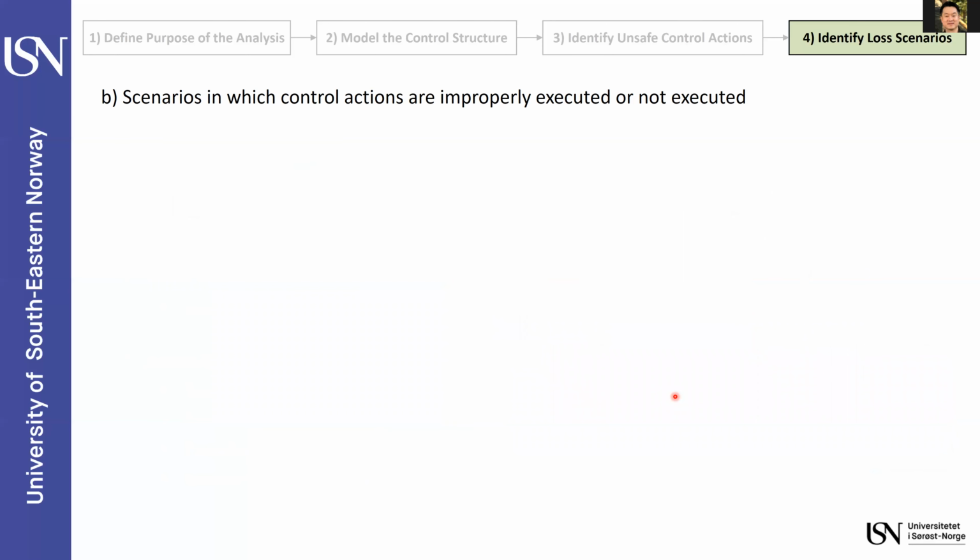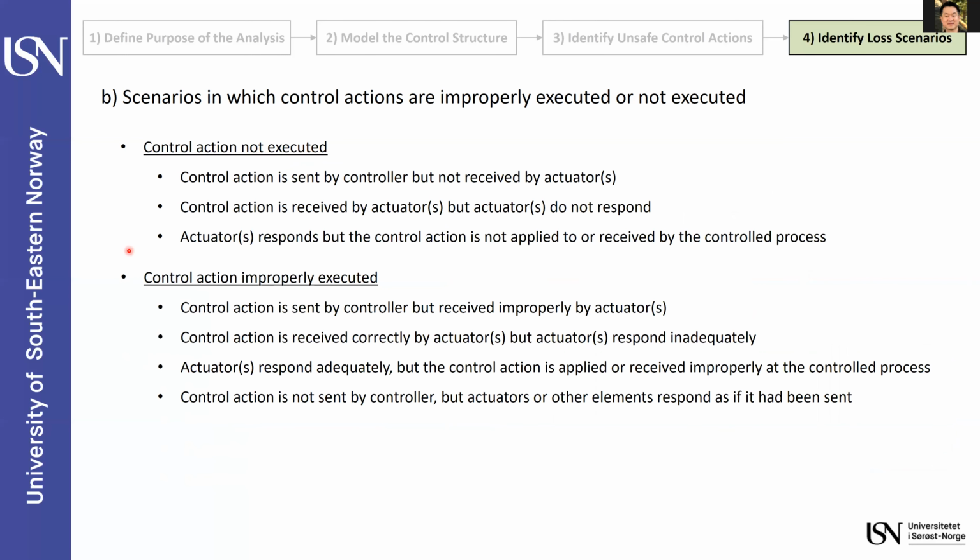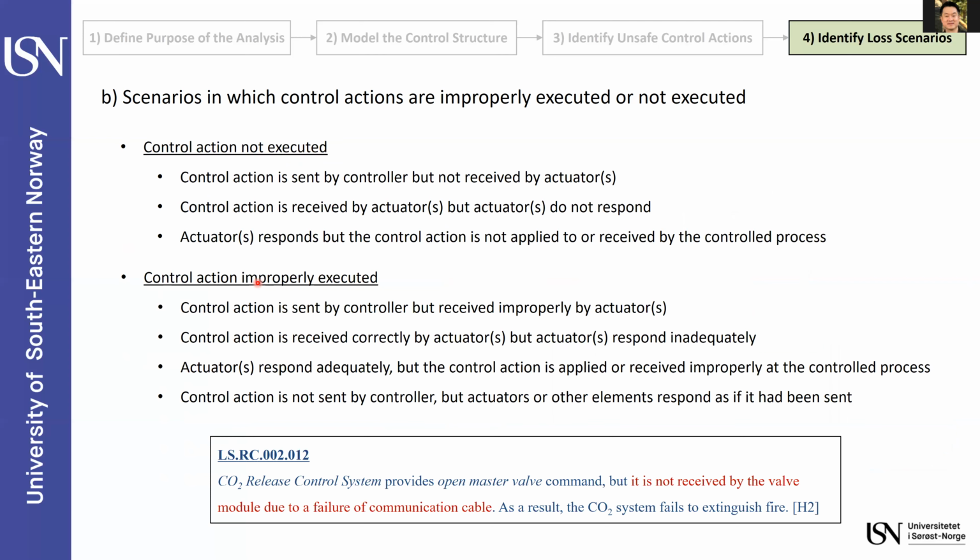And of course, this handbook provides several cases, so we can use them as the starting point. So for instance, for the control action not executed or control action improperly executed, let me give you an example using this case: control action is sent by controller, but not received by the actuator.